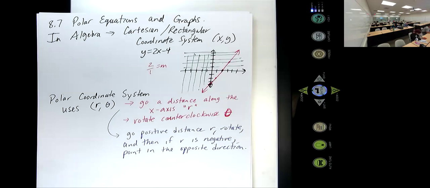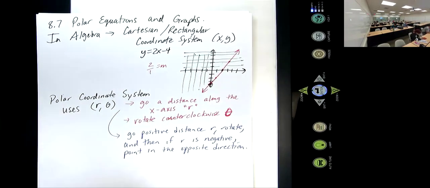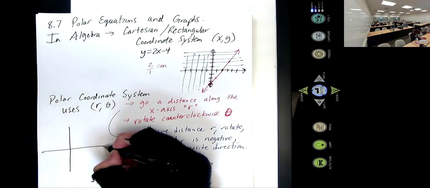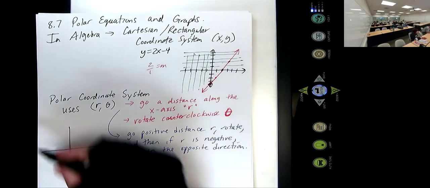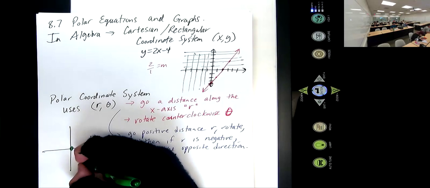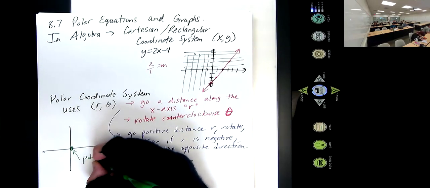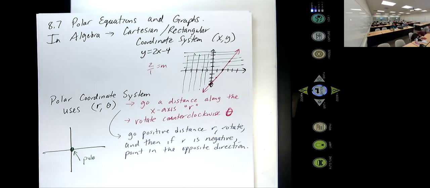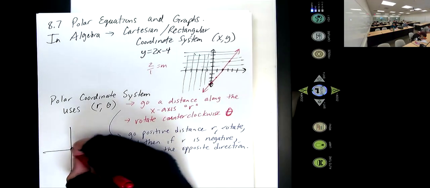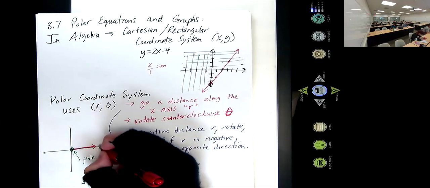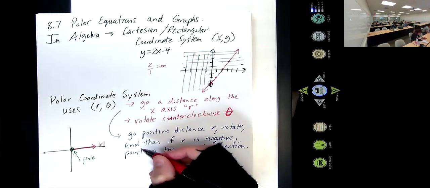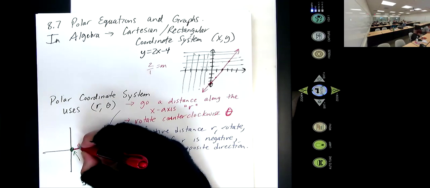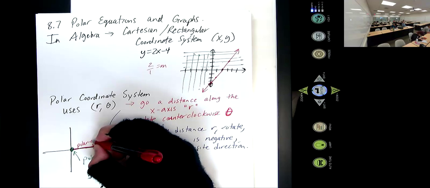So what this is based on is where they come up with this name. The origin is like the pole. They call it the pole. And we have some ray that's out a distance of length r. This is called a ray, but the name for it is also the polar axis.